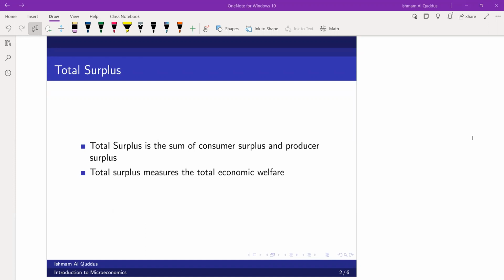Remember when we talked about welfare economics, we said that the primary question welfare economics attempts to study is the total economic welfare, that is the well-being of the society of all the people. So how the society can be benefited. Now, total surplus measures that total economic welfare.